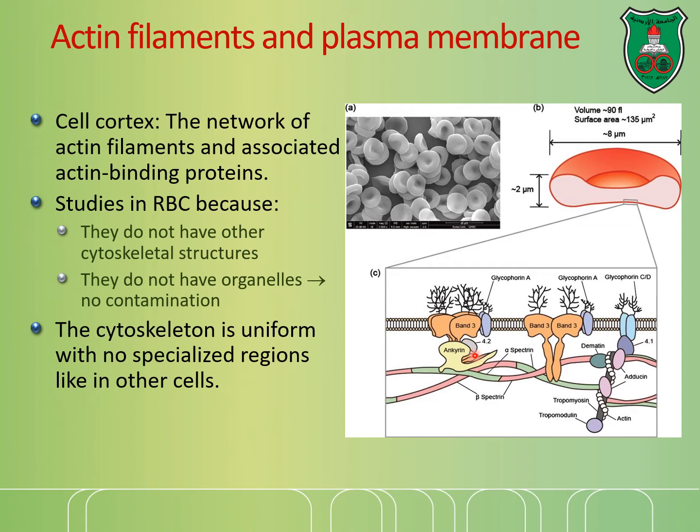Okay. In addition, the shape of red blood cells is quite flexible, and they can change very easily. So they can squeeze in the capillaries, for example, passing through very tight areas. Okay, and they have to be smooth and flexible in order to move smoothly.